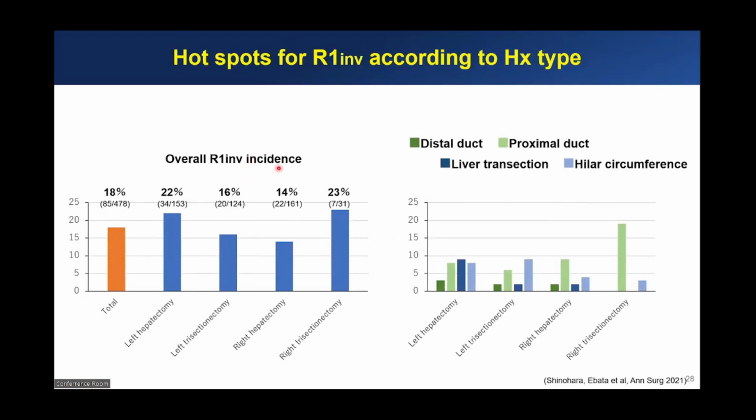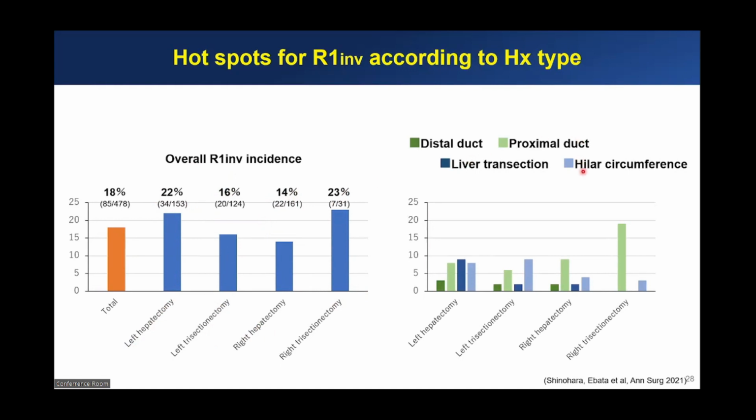R1 overall incidence is 80% as shown before, and according to the hepatectomy type, left hepatectomy and right hepatectomy have over 20% R1 rate, but left trisectionectomy and right trisectionectomy are below 20%.